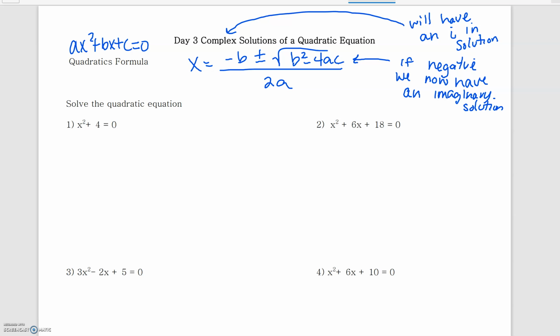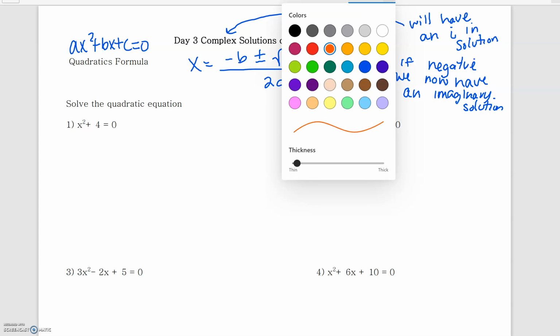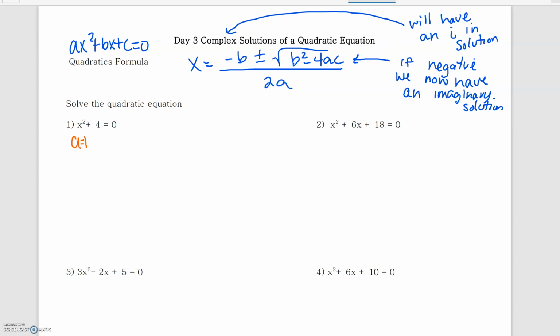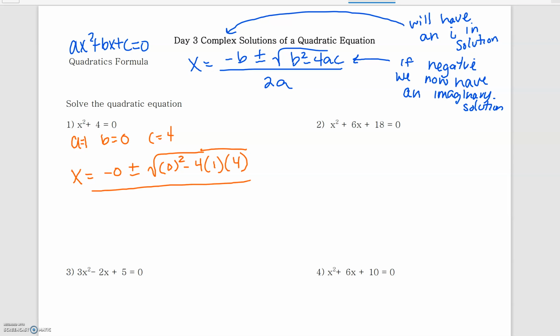So let's identify our a, b, and our c. So here, a is 1, b we don't have, so it's a 0, and then c is 4. So we have x equals negative 0, or just 0, plus or minus the square root of 0 squared minus 4 times 1 times 4, a times c, and then 2 times 1 on the bottom.